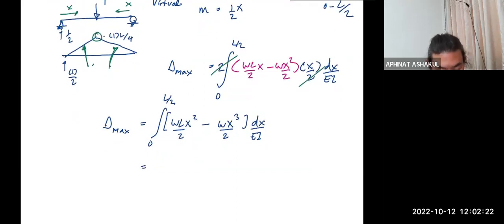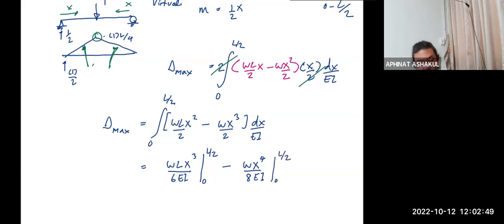This is WL cubed over 6EI from 0 to L over 2, minus W x to the power of 4 over 8, right? Again, from 0 to L over 2. Now you're going to have to help me. I'm old.